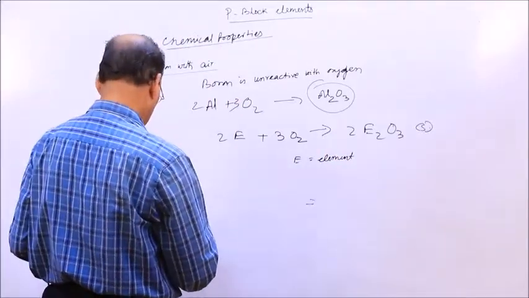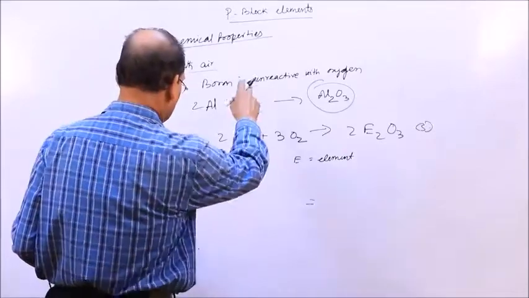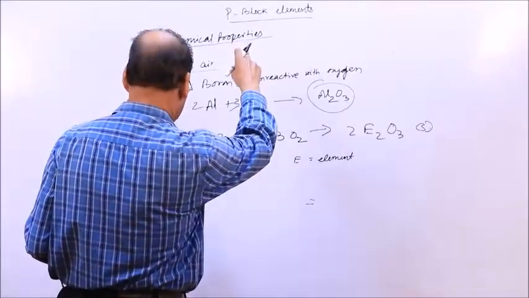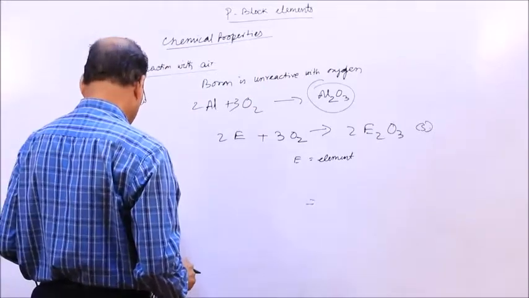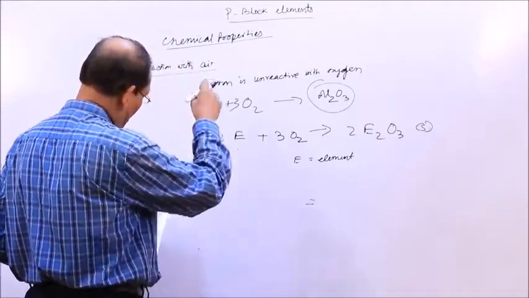The nature of the oxides down the group, from boron to thallium: it is acidic, and the acidic property decreases.